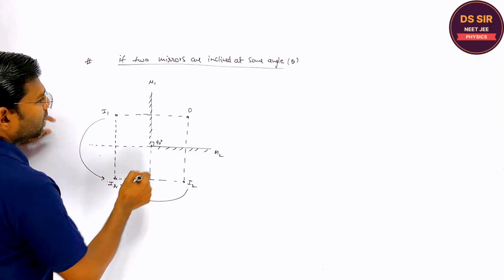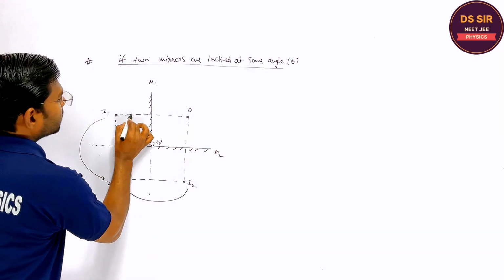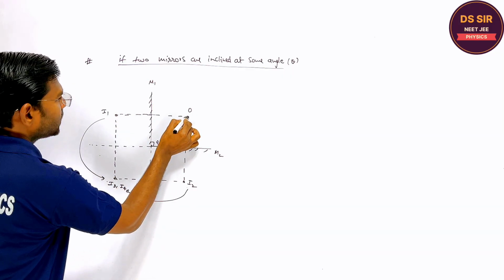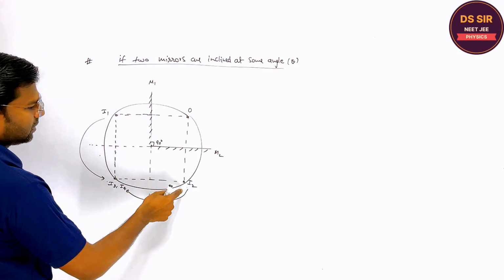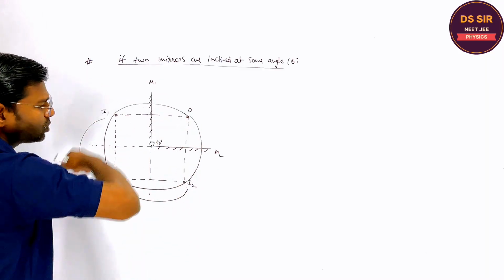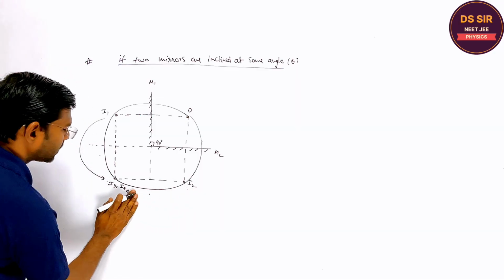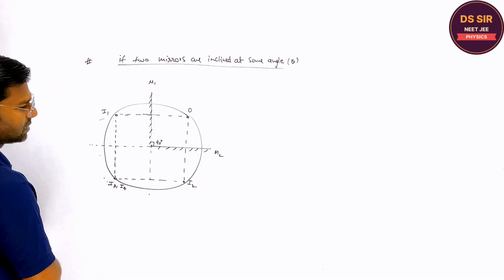One more thing, this is the object, and the images I1, I2 and I3 all lie on a circle, always on the circle. Is it clear or not? Like this, right?